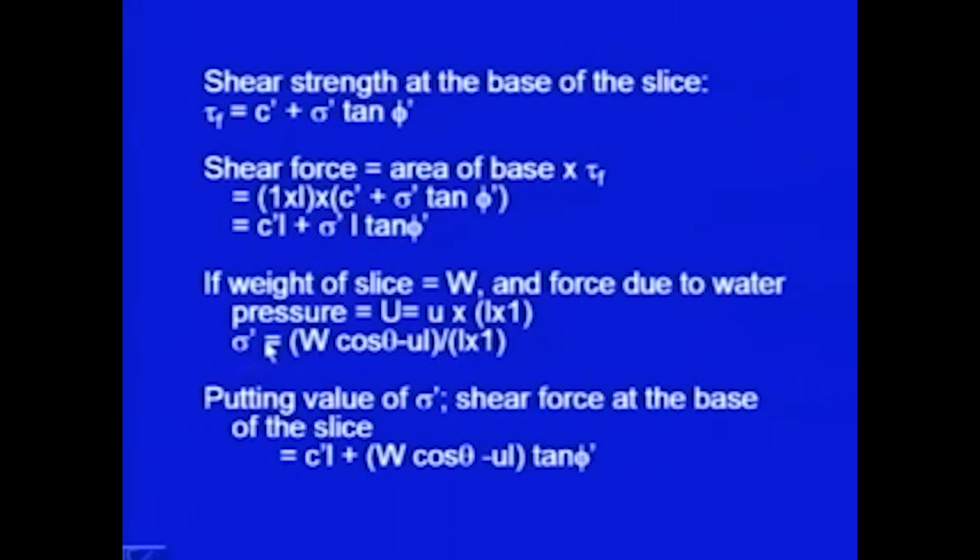Now put this value in this equation. Putting the value of sigma dash, the shear force at the base of the slice will be equal to c dash L plus W cos theta minus U, into tan of phi dash. So, this is another force which is acting on the slice.